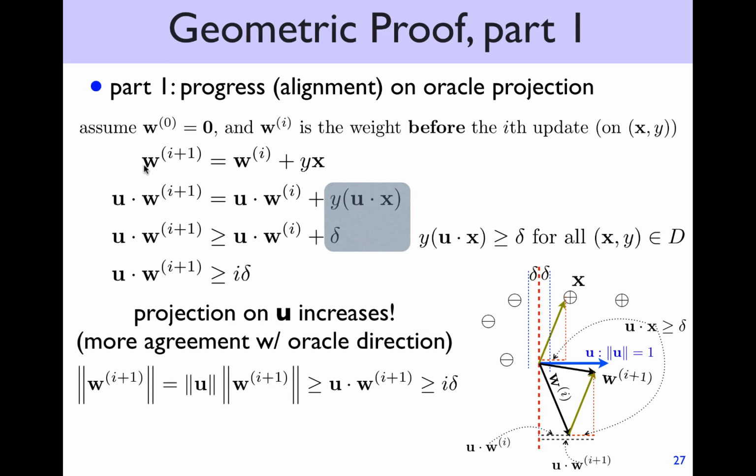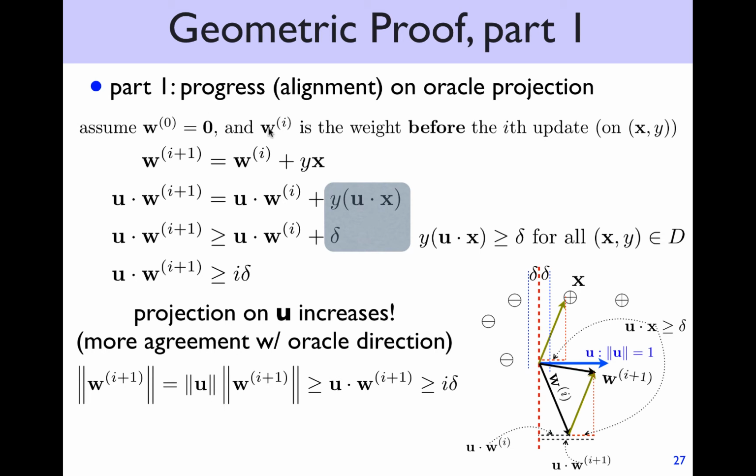So assume the initial weight vector is 0, okay? Actually, this proof would work with a small change even if the start weight vector is not 0. That's part of your exercise: you need to prove that even if it's non-zero, you can still prove convergence.